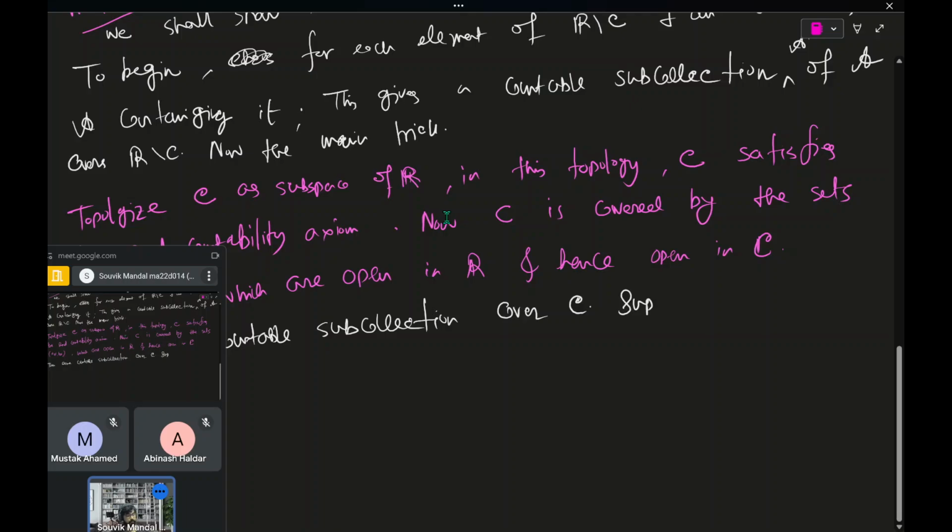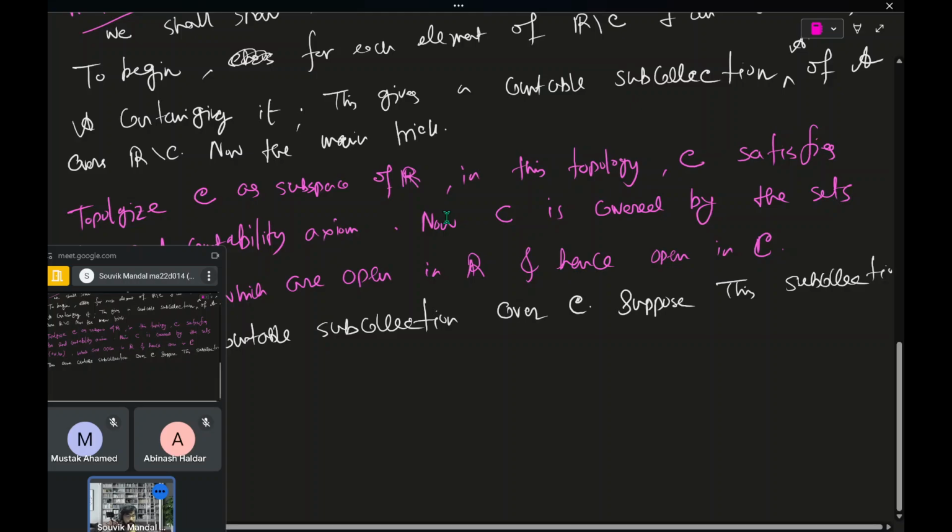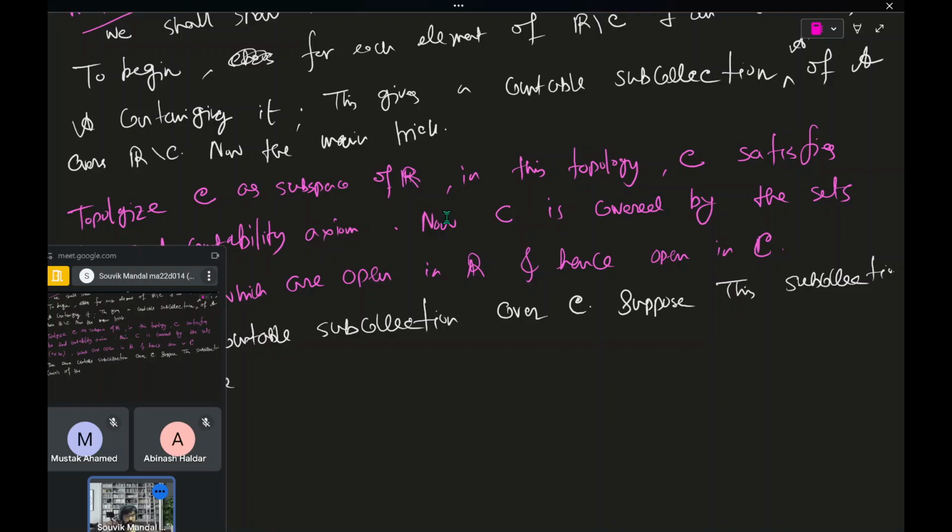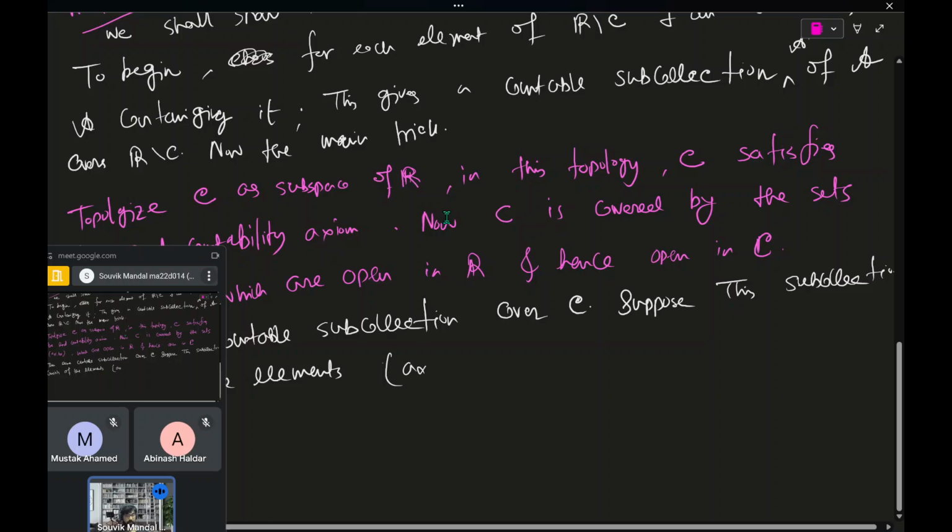Suppose this subcollection consists of the elements [a_alpha, b_alpha), alpha equal to alpha_1, alpha_2, and so on.